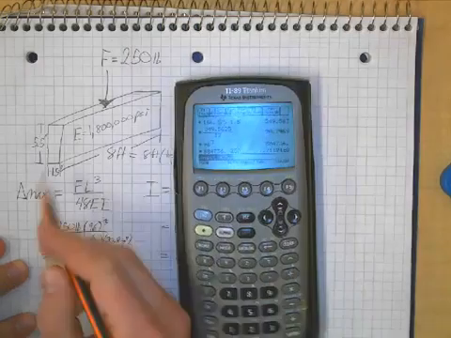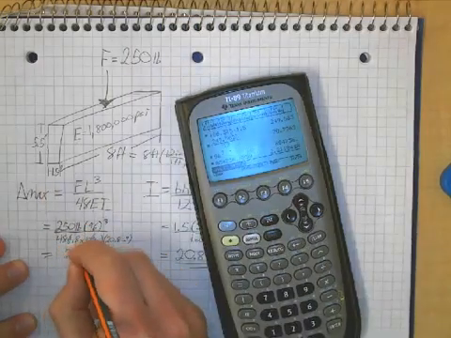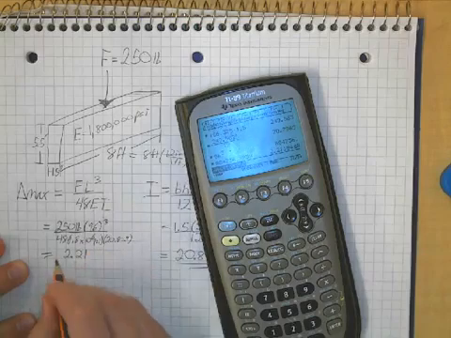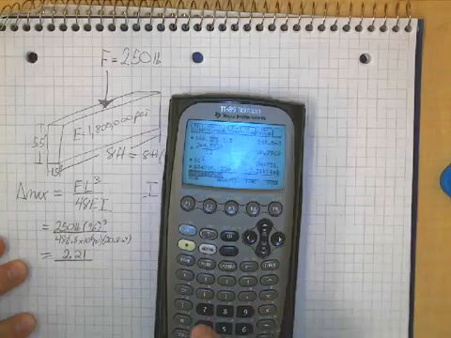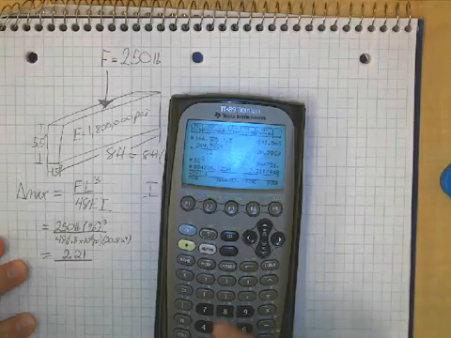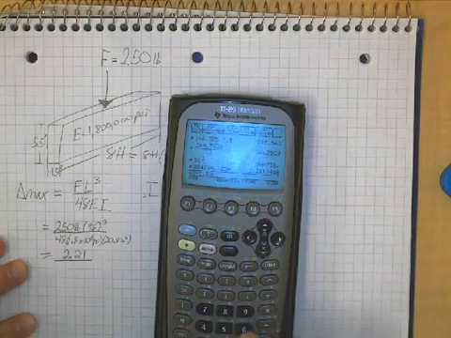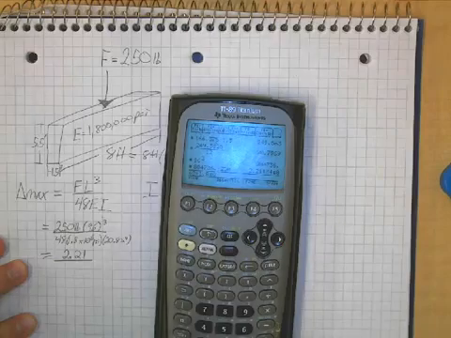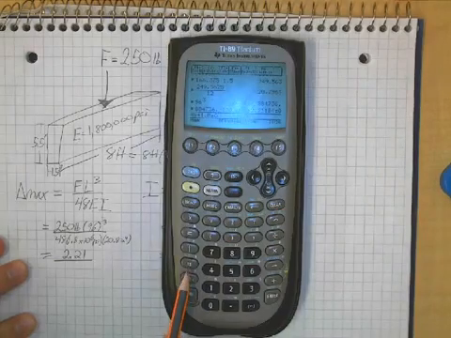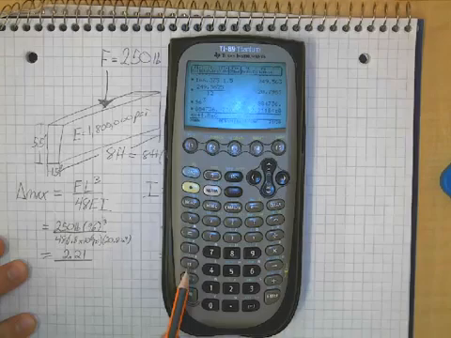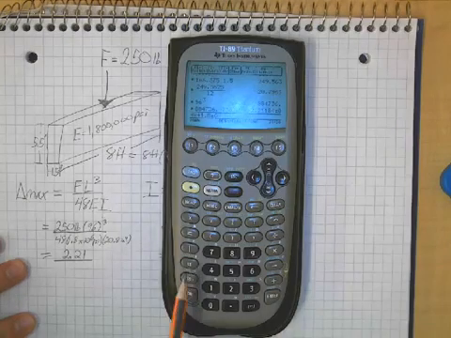And I have 2.21, roughly, and that'll be divided by 48 times 1.8 E6. So this E button, if you have E or the big letter E, that's the same thing as saying times 10 to the 6th.